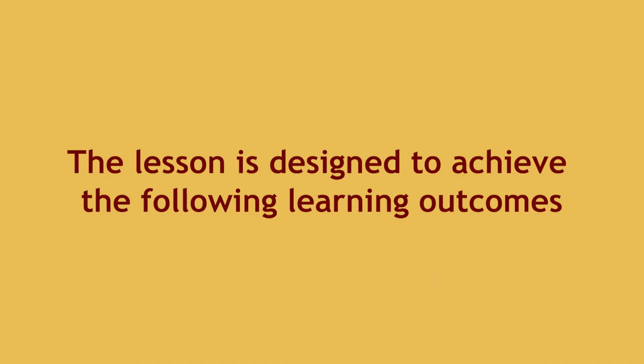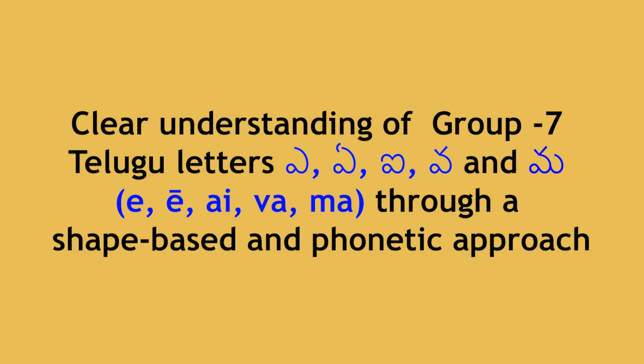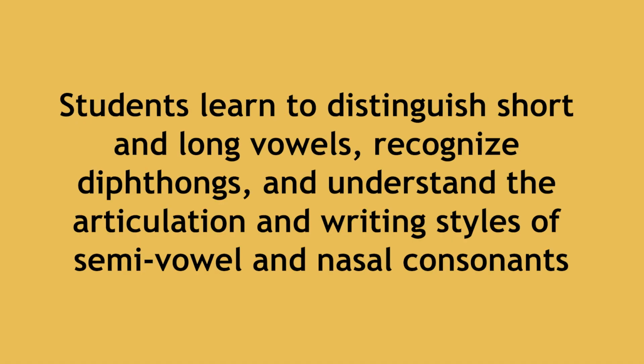The lesson is designed to achieve the following learning outcomes. By the end of this lesson, learners achieve a clear understanding of Group 7 Telugu letters A, I, Va and Ma through a shape-based and phonetic approach. Students learn to distinguish short and long vowels, recognize diphthongs, and understand the articulation and writing style of semi-vowel and nasal consonants.